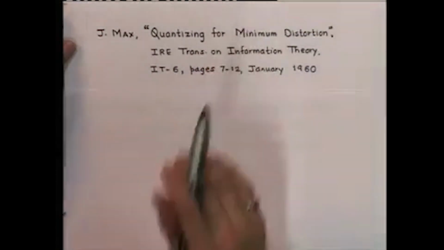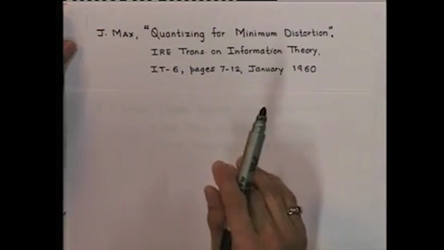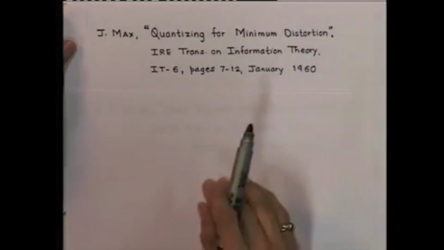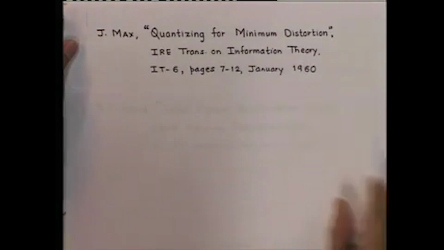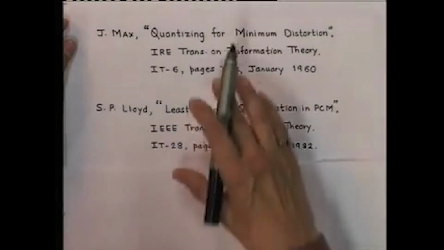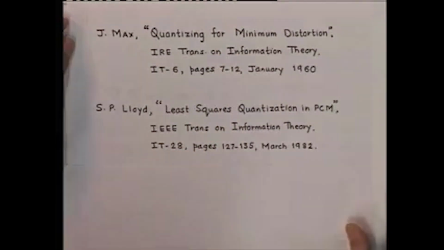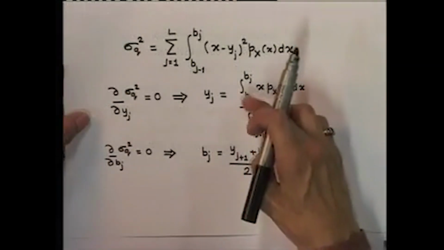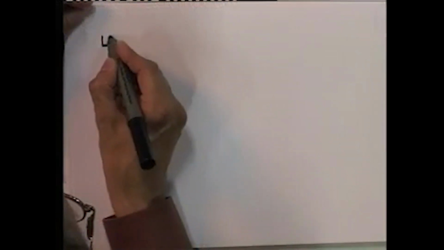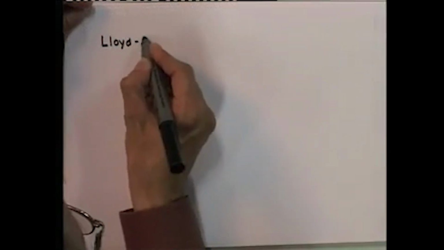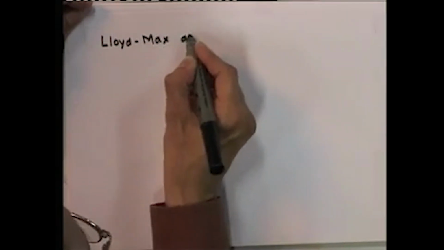The same approach was discussed by Stuart P. Lloyd in a 1957 internal Bell Labs memorandum and was published a little later in 1982. So, both the approaches are the same. Therefore, the algorithm which is used to solve the two equations iteratively is known as the Lloyd-Max algorithm. The Lloyd-Max algorithm works as follows.